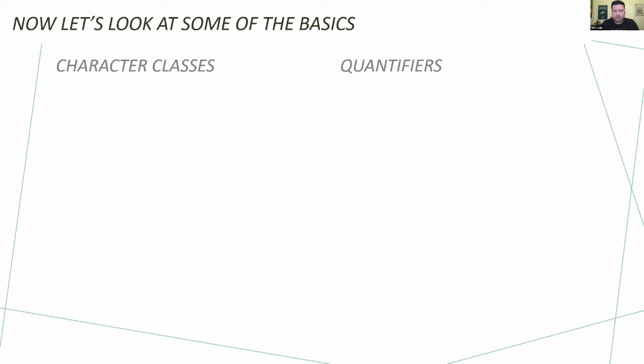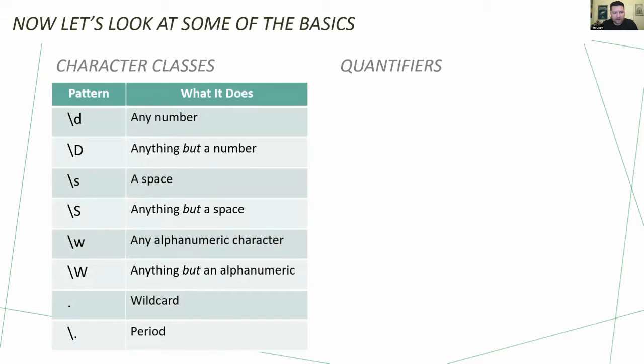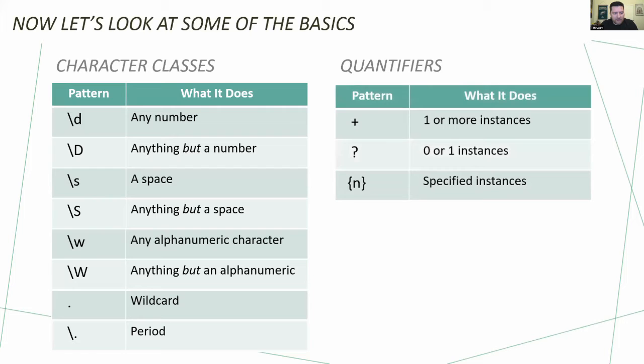All right, so let's look at a couple of other basic character classes, a couple of the basic syntax elements for regex. A couple of these we already covered, of course. So you see the lowercase d, s, and w there. It's important to know that regex is case sensitive. So if I were to change that lowercase d to an uppercase D, it's going to search for, or return to me, anything but a number.